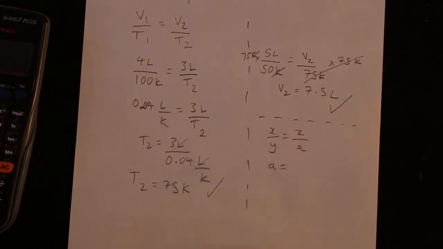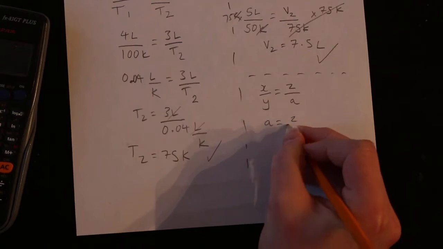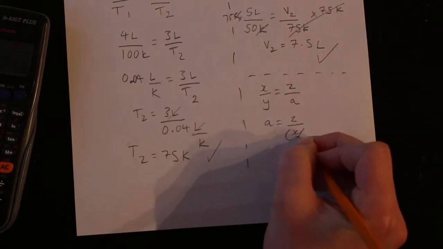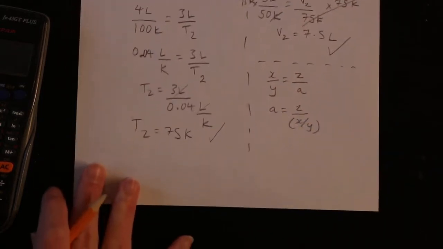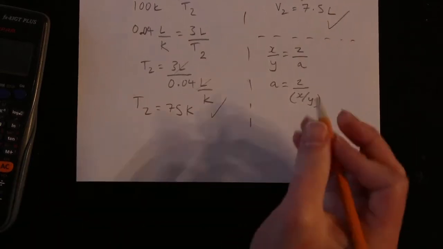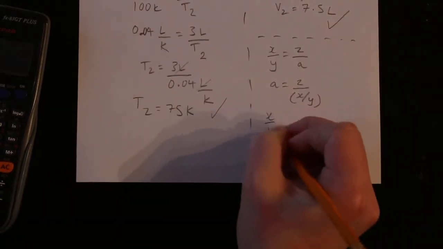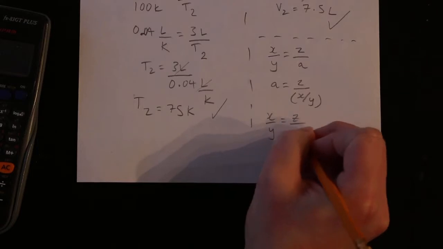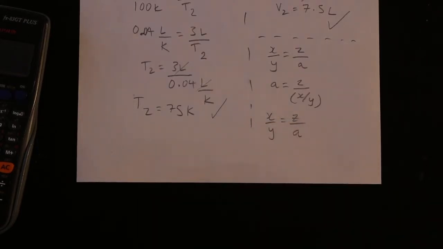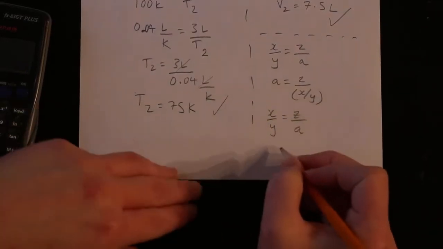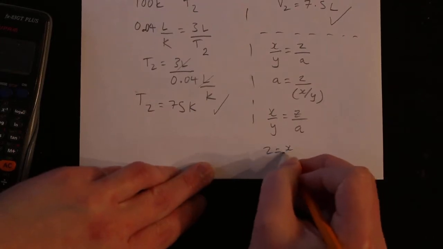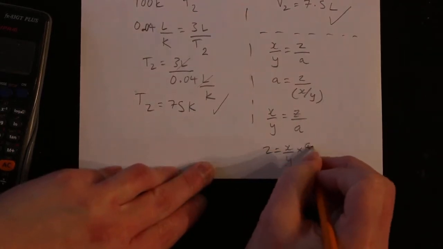So we'd say a equals z divided by x over y. Okay, and if we rewrite all that, if you wanted to get z by itself, z would just be x over y multiplied by a.